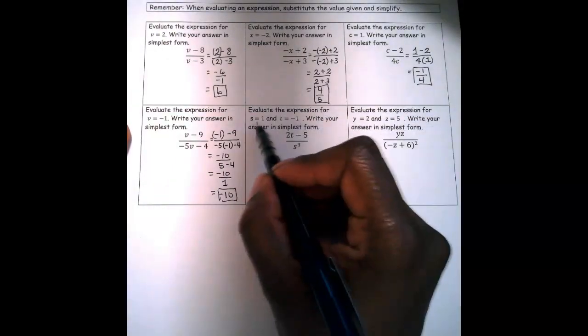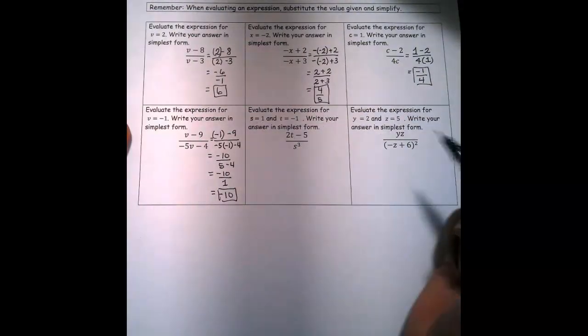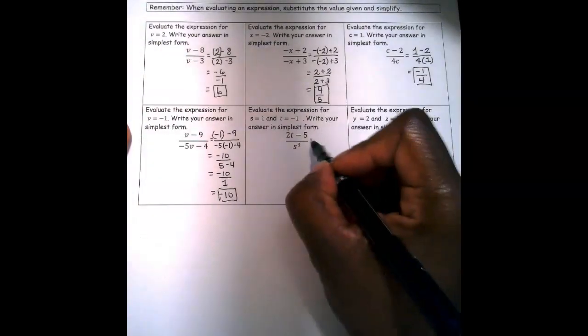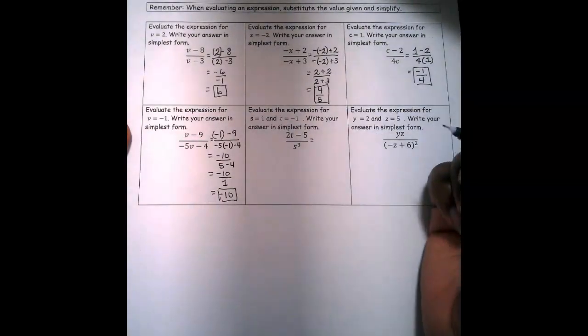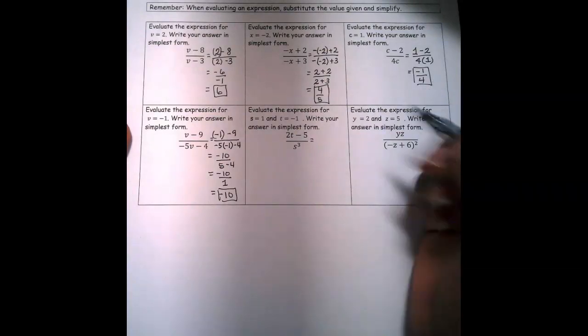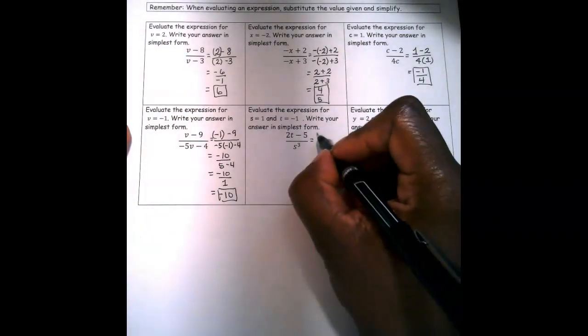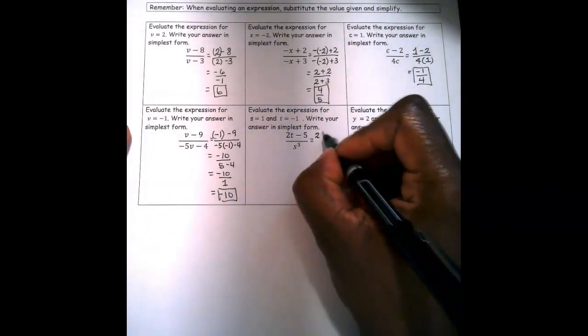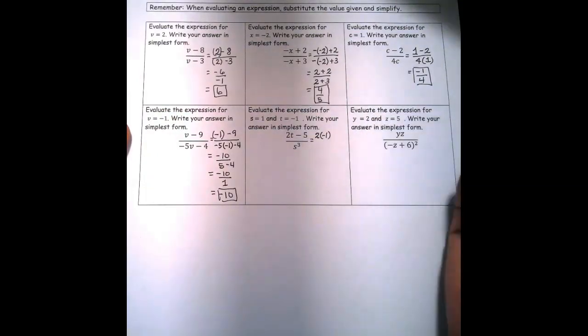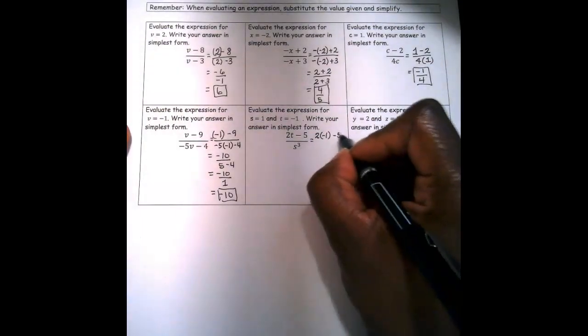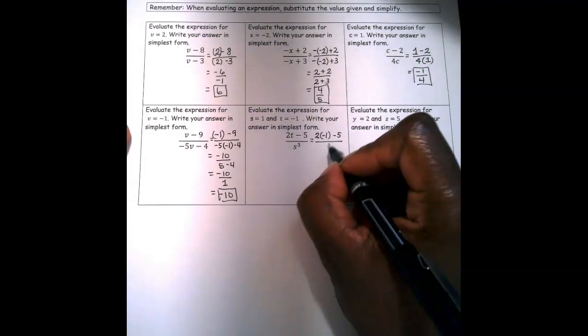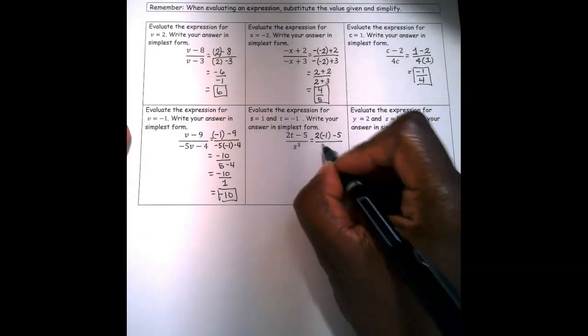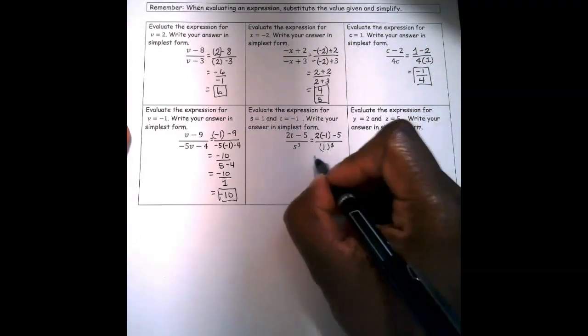Evaluate the expression for s is equal to 1 and t is equal to negative 1. So this time we're going to be replacing two variables with two different values. So we've got 2 and t is negative 1, so I'm going to put negative 1 in place of t, minus 5 divided by s, which is 1. We're going to raise that to the third power.